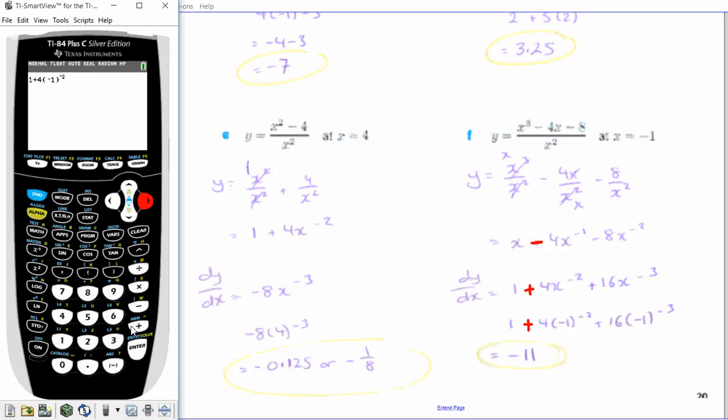Plus 16 brackets negative 1 all to the power of negative 3. So always look at it, see, have I got the right things in there? Did I put in plus 1 by mistake? No, I put in negative 1. Lovely. So our answer, what is it now? It is negative 11. Okay, so I must have calculated the answer right, but I just had the wrong step there.